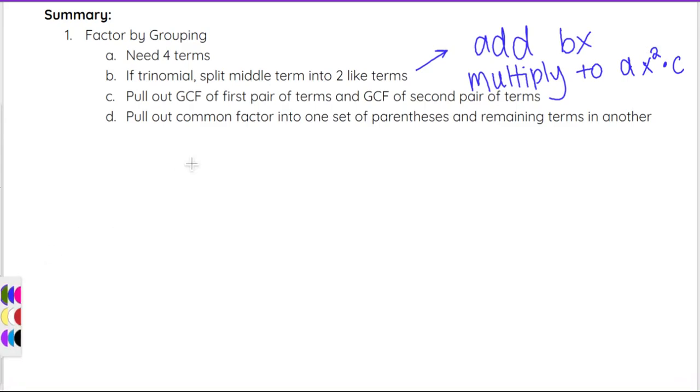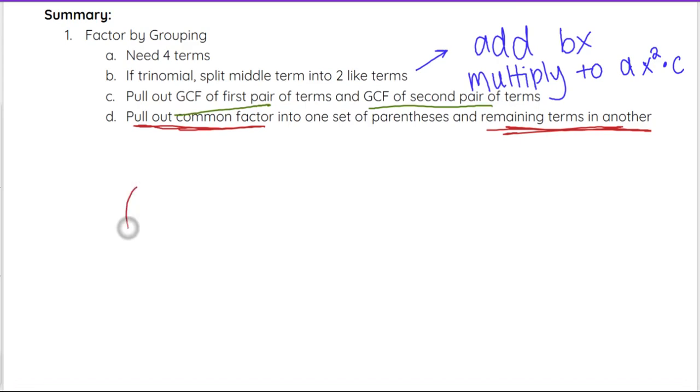Once you've done that, we figure out the GCF of the first pair and the GCF of the second pair of terms. Then we pull out the common factor, and we put the remaining terms in the other. Remember, those remaining terms are going to be the GCFs that you pulled out. So that's how we end up with those binomials at the end when we factor by grouping.